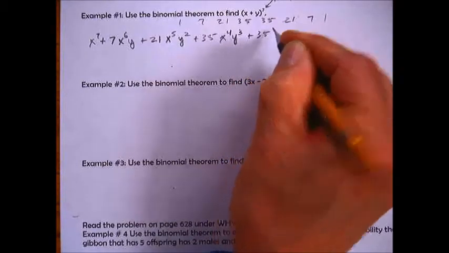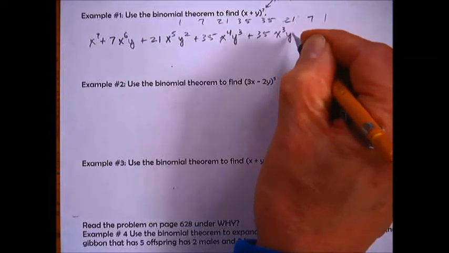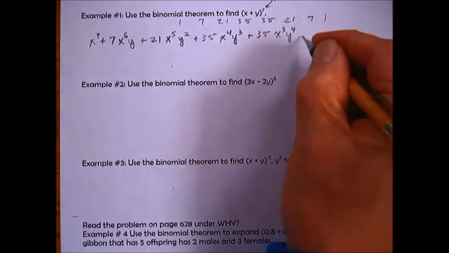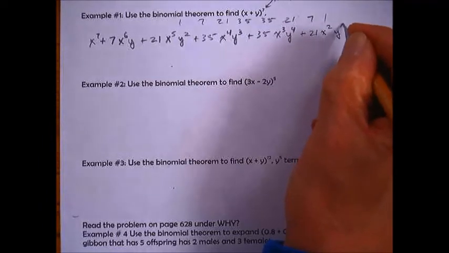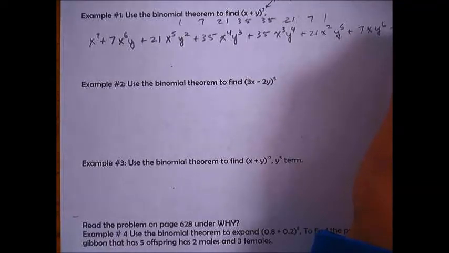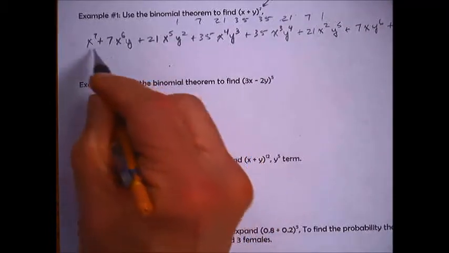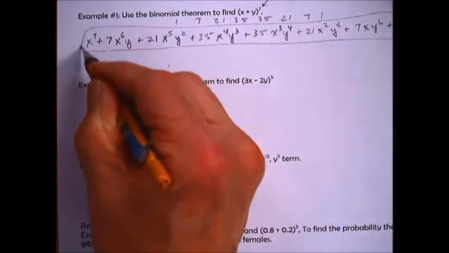Plus 35, x cubed, and then y to the fourth, plus 21, x squared, y to the fifth, plus 7, just x, y to the sixth, plus 1 times x to the 0, which is also 1, times y to the seventh. And that's what the expanded binomial is of x plus y to the seventh power.